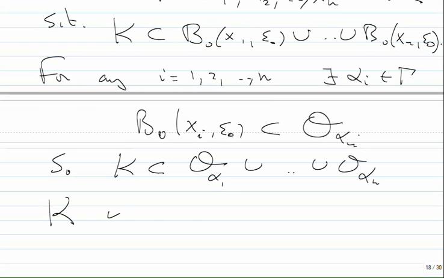K is compact. So we took any open family, and we showed that from that family we can find a finite subfamily that covers K, therefore K is compact.